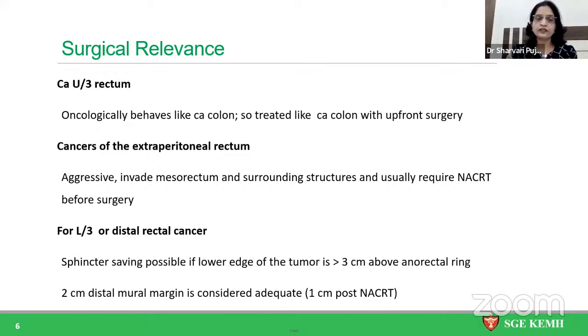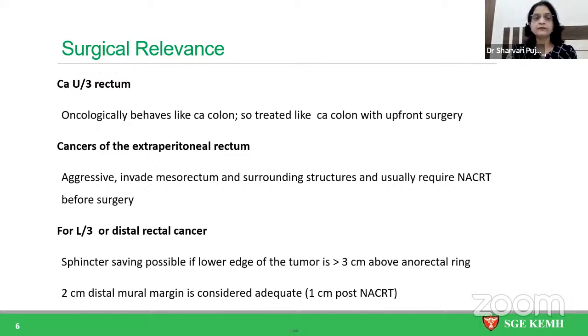Also, for the lower third or the distal most rectal cancers comes the importance of the sphincters of the anal canal, because it is in close proximity to the sphincters. So here sphincter saving becomes an important consideration, and it is possible only if the lower edge of the tumor is more than 3 centimeter above the anorectal ring.